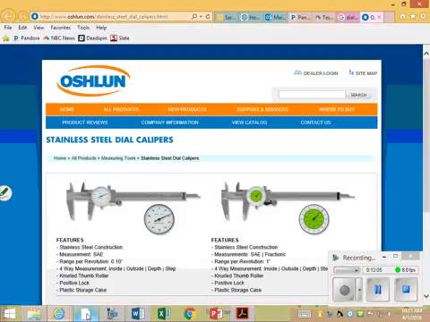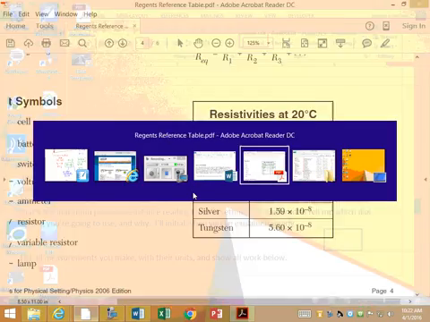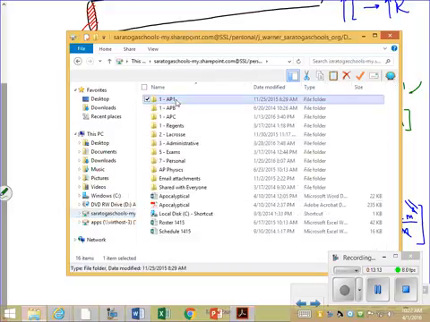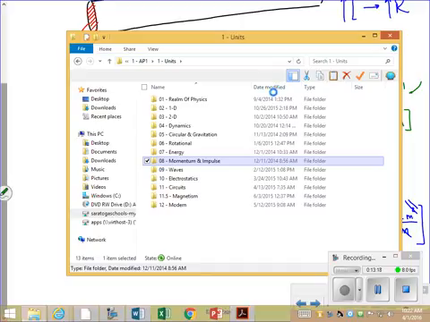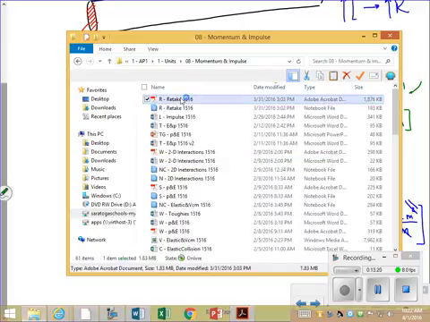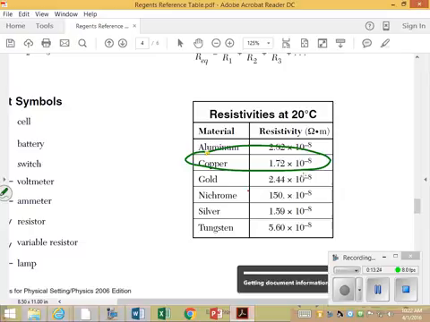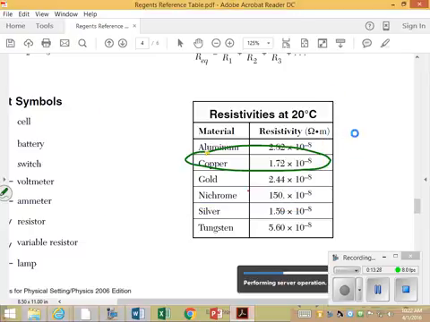Also due on Monday, there's something I put on Edmodo. It looks like this. There are some review problems for your next week's test retake on momentum.